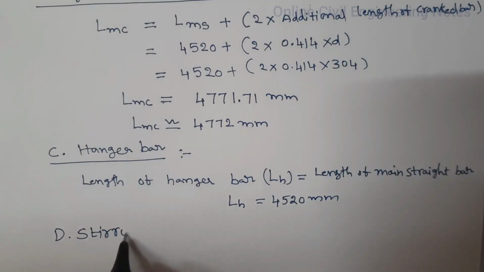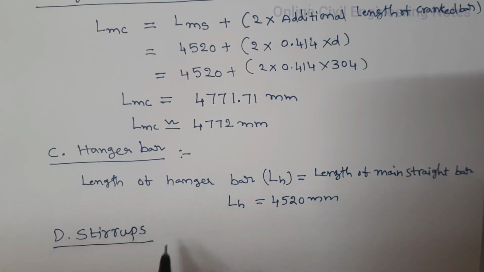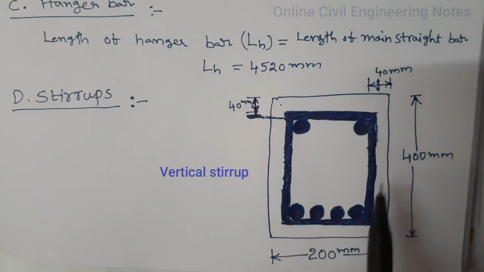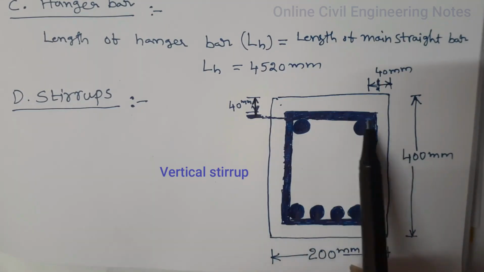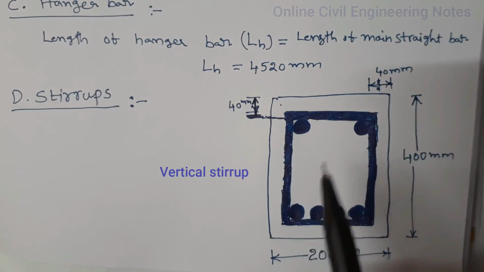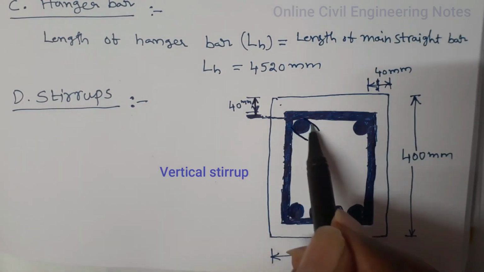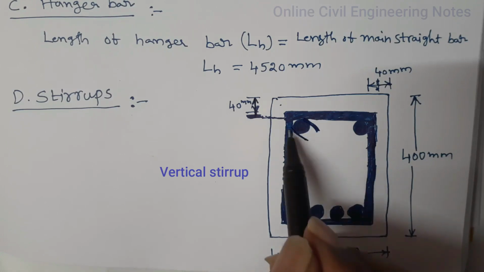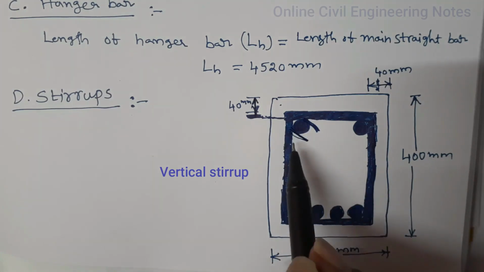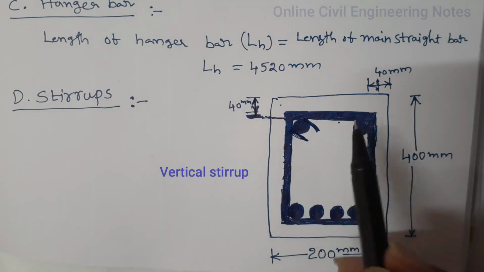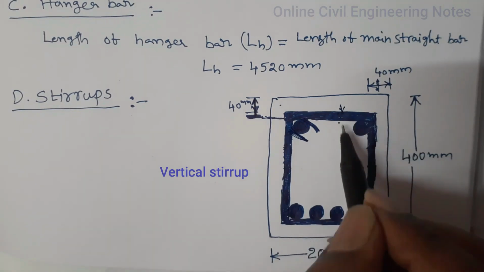Stirrups. Draw the cross section of the beam. See, this is a stirrup, with a 135° bend. This is the diameter of the stirrup, which is 8 mm.